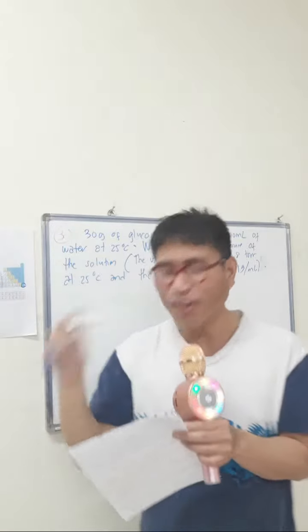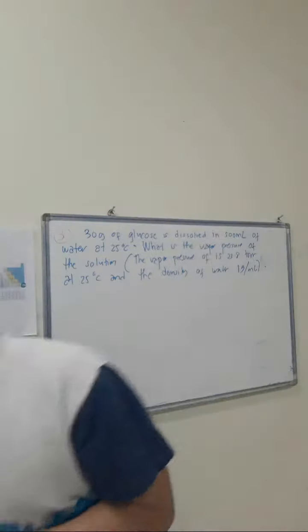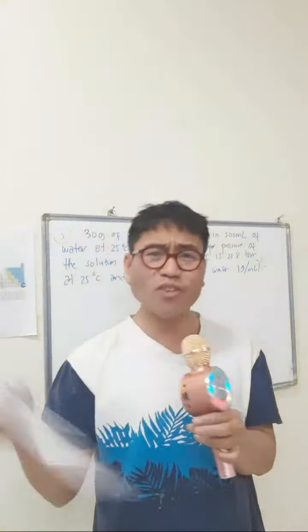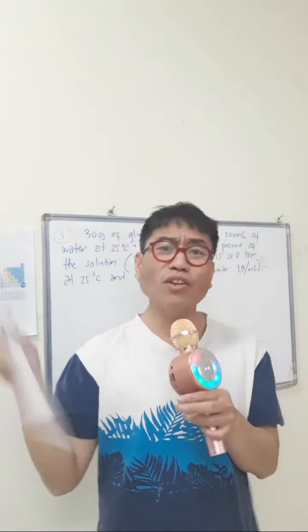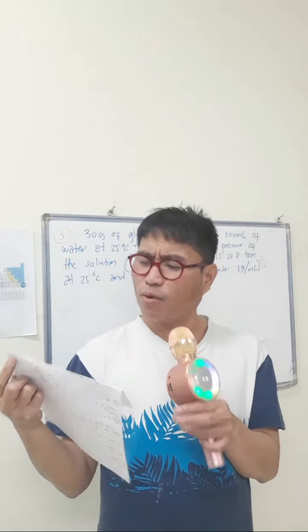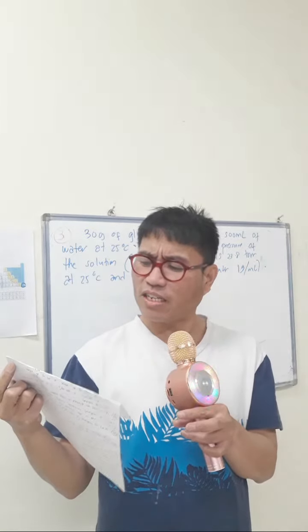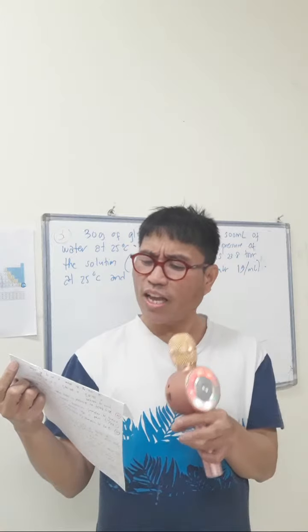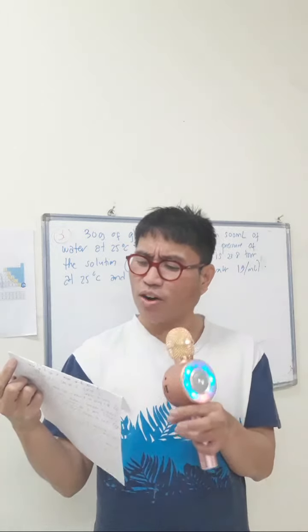There are sometimes errors, but anyhow, that may be clerical. This is actually taken from a Harvard University sample problem in their chemical engineering department. The vapor pressure of water is 23.8 torr at 25 degrees Celsius, and the density of water is 1 gram per ml.